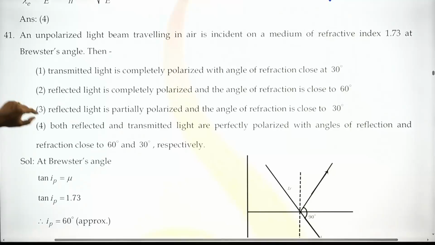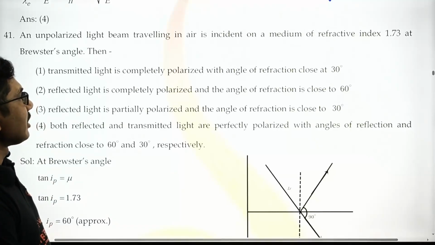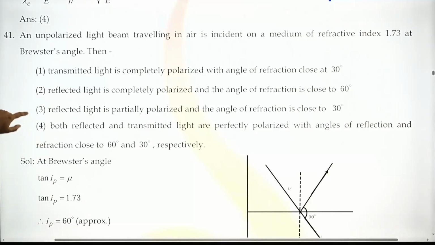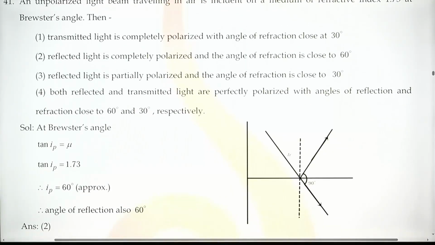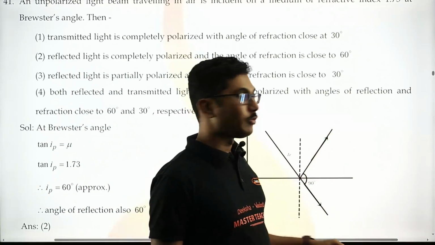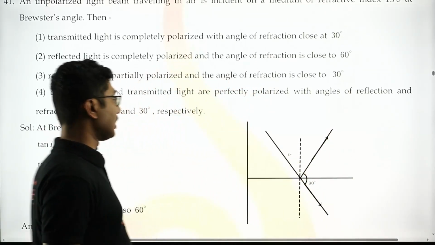An unpolarized light beam traveling in air is incident on a medium of refractive index 1.73 at Brewster's angle. Okay, so at Brewster's angle, what happens is that the reflected light gets completely polarized, the refracted light gets partially polarized, right?